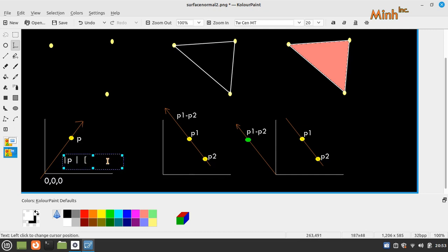If it is x, y, z, then the magnitude is the square root of x square plus y square plus z square.